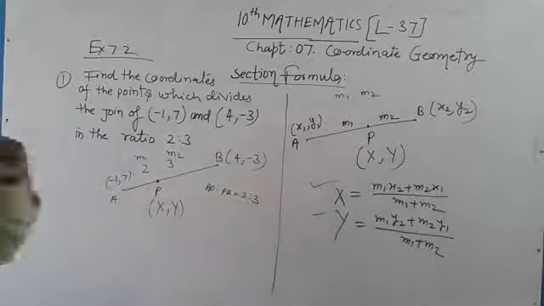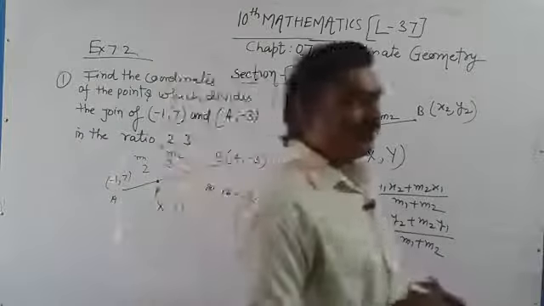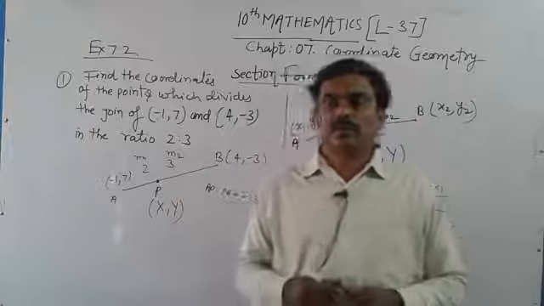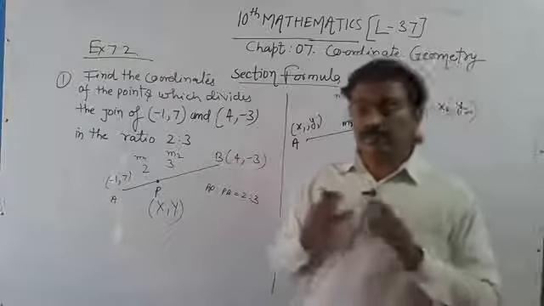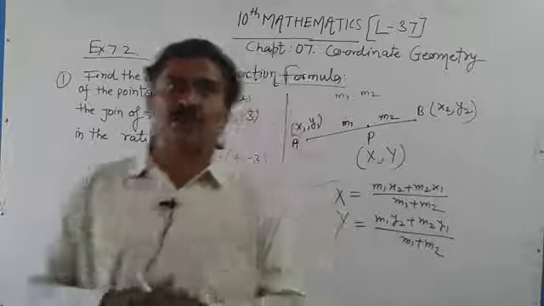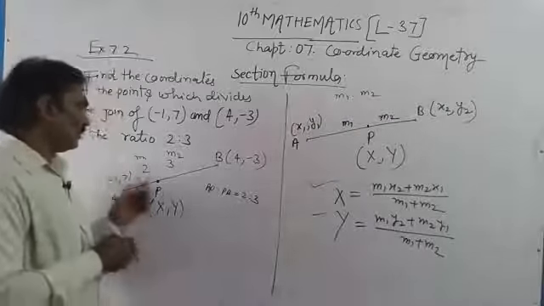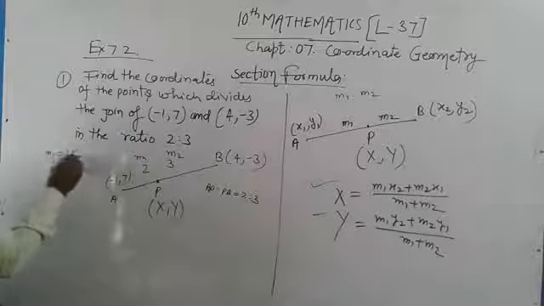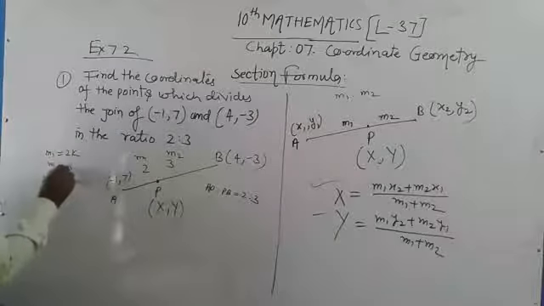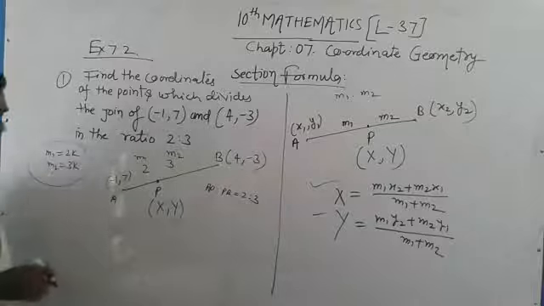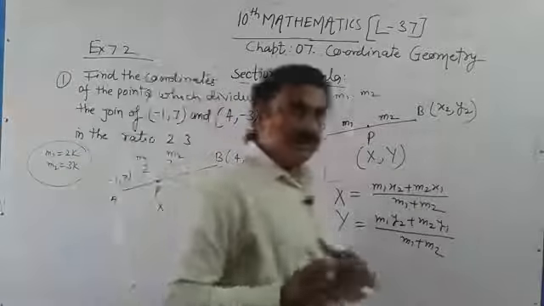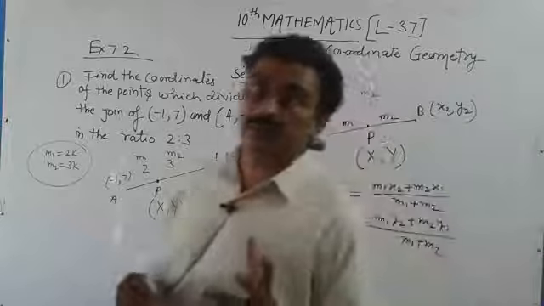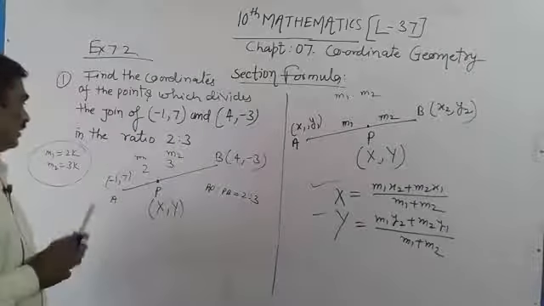Okay students, in some books you can take m1 as 2k and m2 as 3k, if you want. Because these are ratios, you can write these values, and if you do not want to write them, you can skip them.